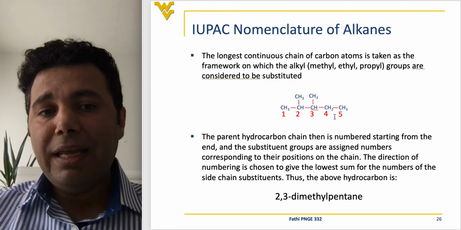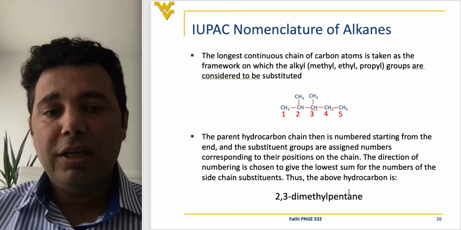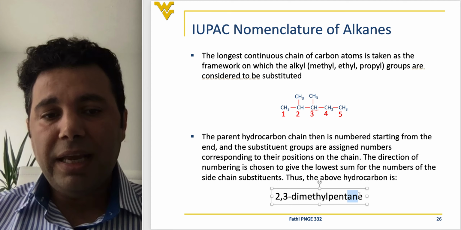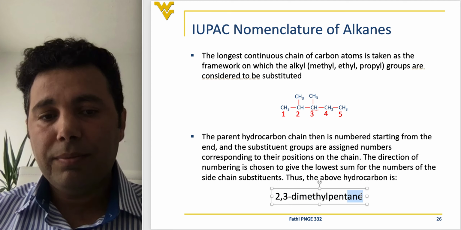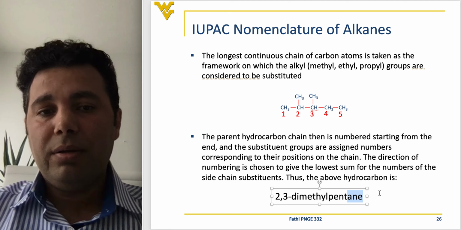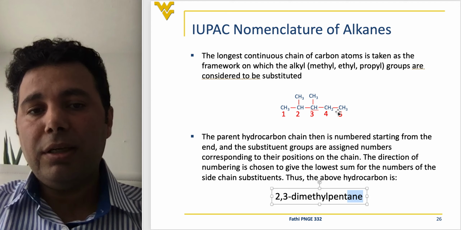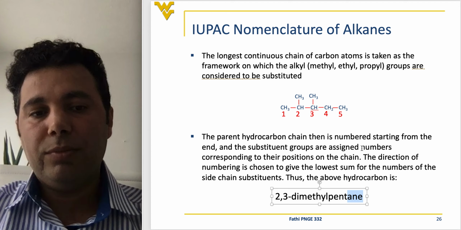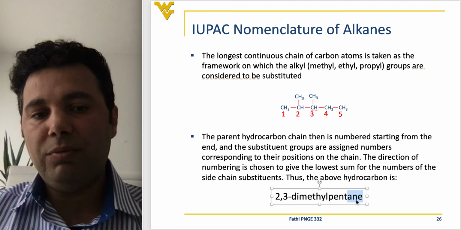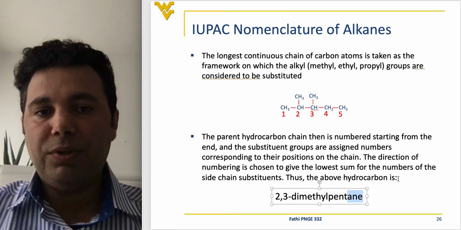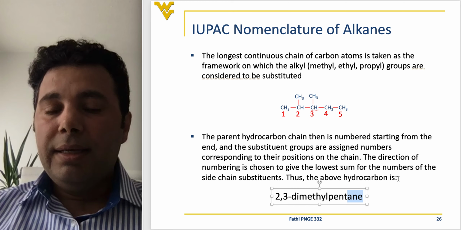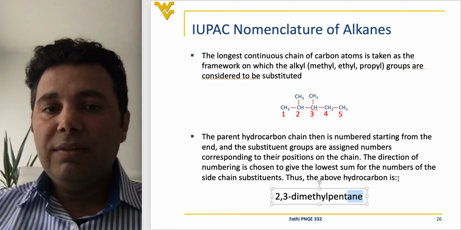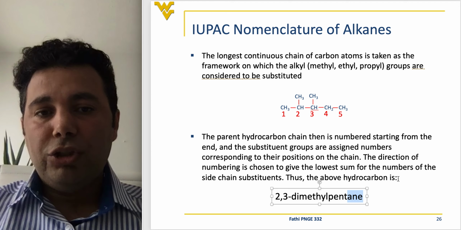So whatever the name for this structure is, it should end with A-N-E, since they're all single bonds. I don't see any double bond here. They're all single. That's the first step. The second step is to identify the longest straight chain.